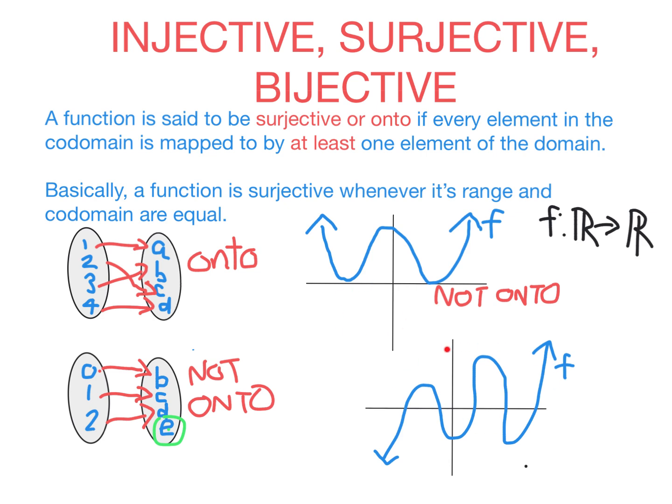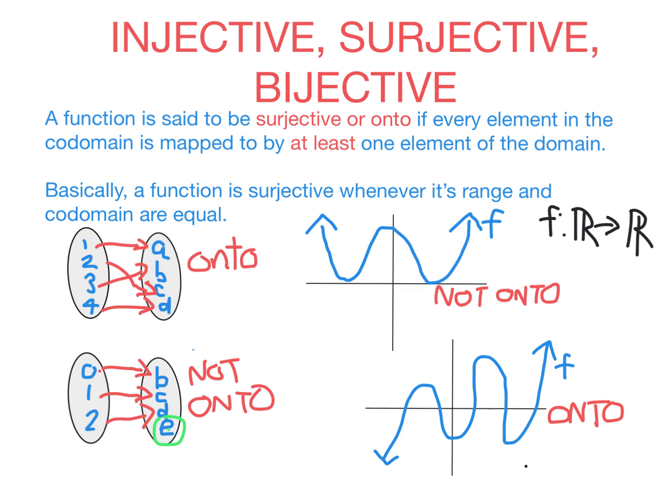On the other hand, if we look here, remember the arrows mean that it goes forever in that direction. If it goes forever, eventually each value of y will be mapped to by some x. So this is onto. There are no values of y that are not in range.